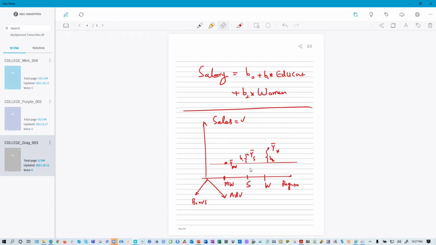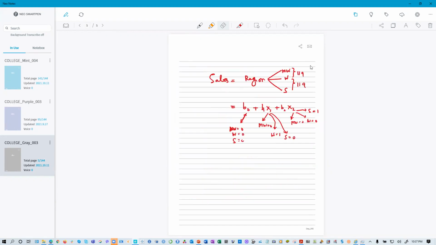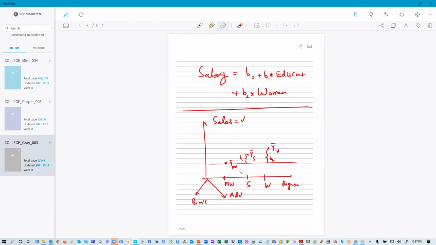B1 is nothing but the gap. B2 is nothing but the gap between this guy and the Midwest and the West. This guy is the Midwest and the South averages. Okay, that's a different thing. But here they were talking about this 119 being the gap between Midwest to West. See, this gap.